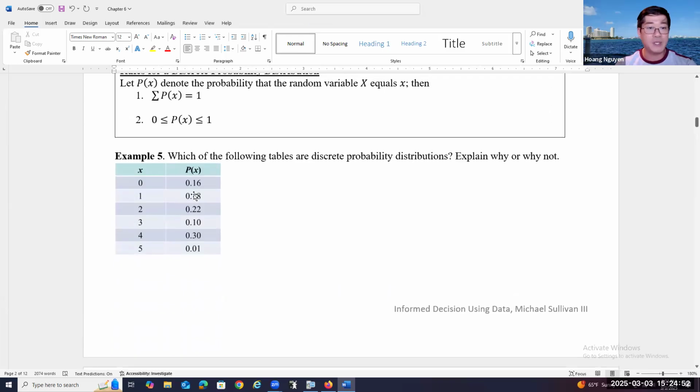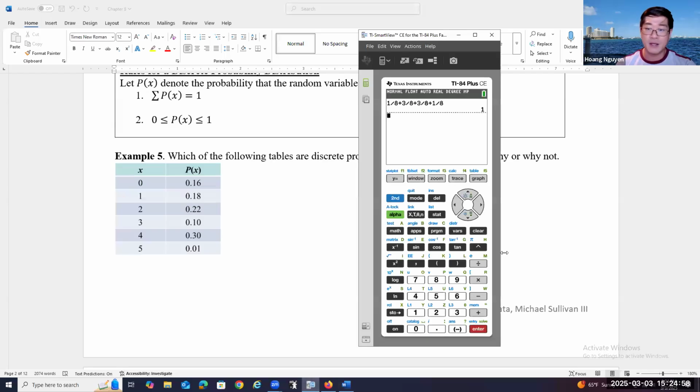So for the first table, you want to make sure that the summation for all of the p(x) right here should be equal to 1. So let's give it a try. The summation for all of the p(x) is going to be 0.16 plus 0.18 plus 0.22 plus 0.10 plus 0.30 plus 0.01.